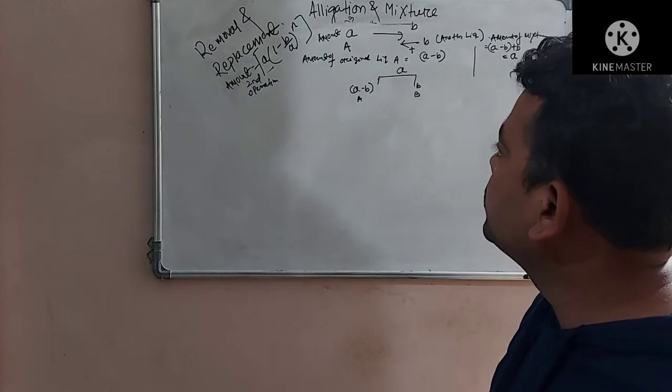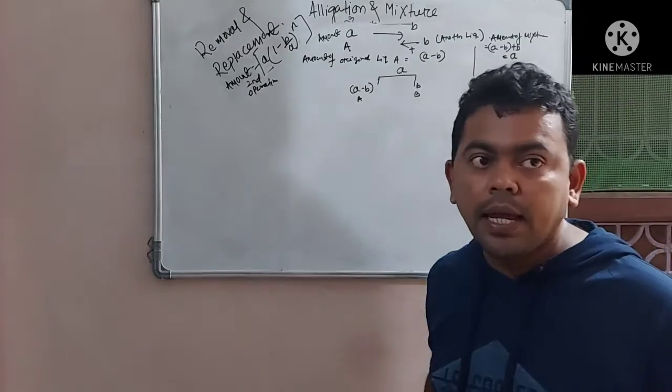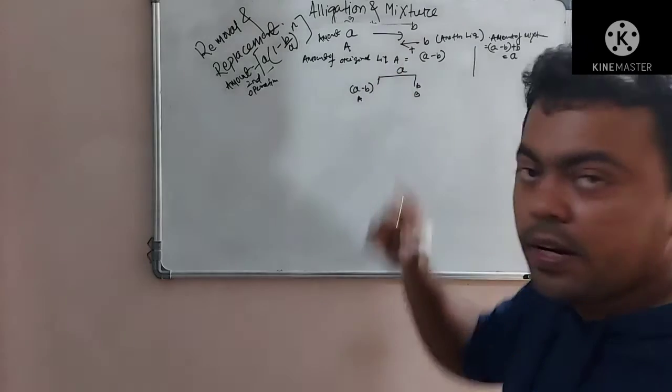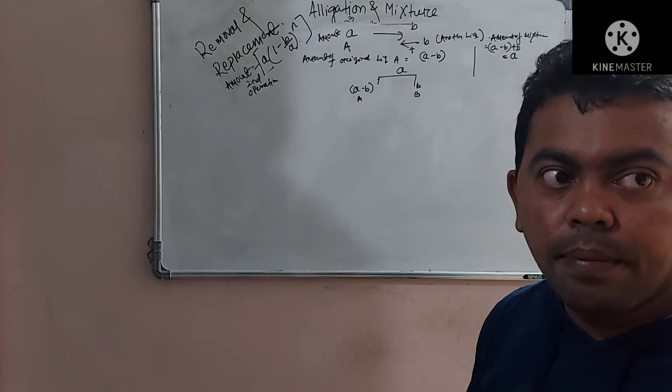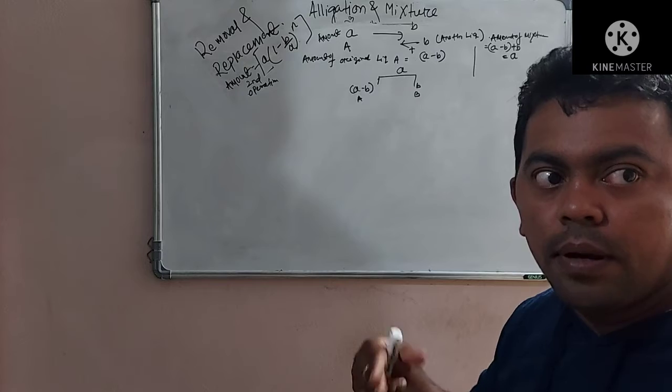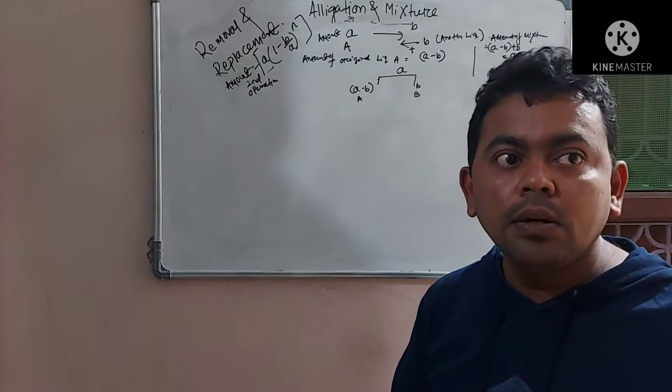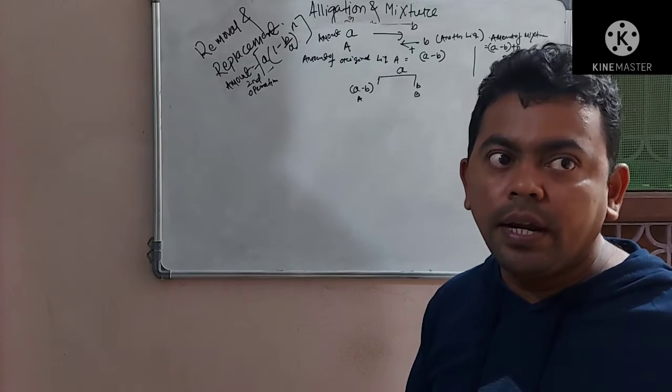So I draw B amount of liquid from A. So in B amount of liquid, what is the amount of original liquid A?